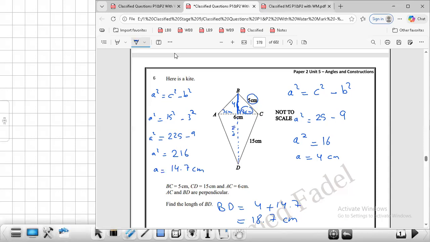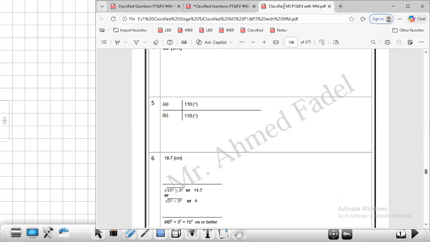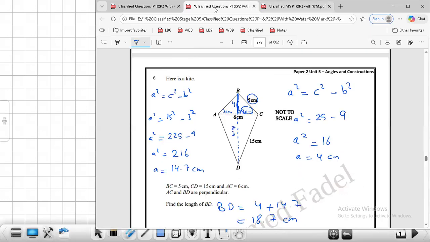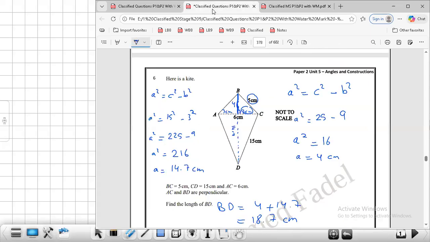If you go over there, let's see how they accepted the rounding over there. The rounding, 14.7 we said. It is question 6. 18.7, I'm sorry. 18.7 is over there. So 14.7 and 4. The final answer is 18.7 as we agreed.